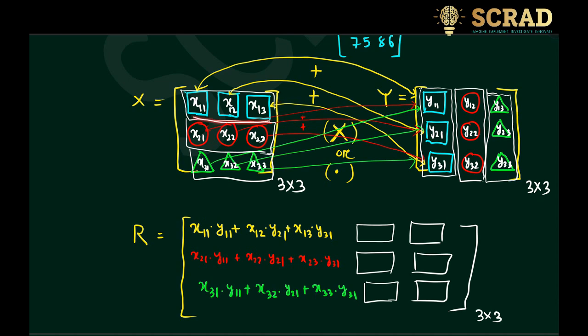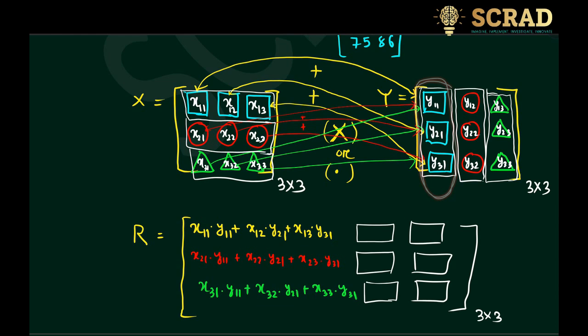the number of elements present in a row of the first matrix, or we can say the number of columns, must be equal to the number of rows in the second matrix, in this case y. That is the only condition while we are multiplying two matrices.